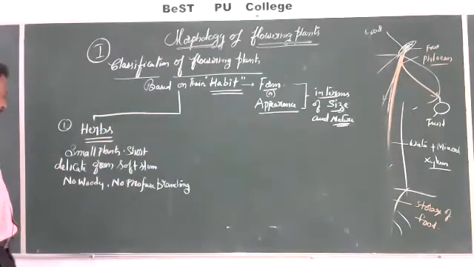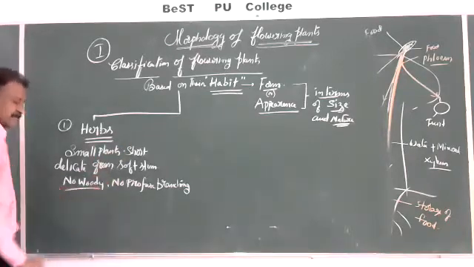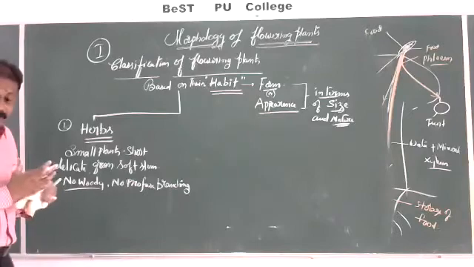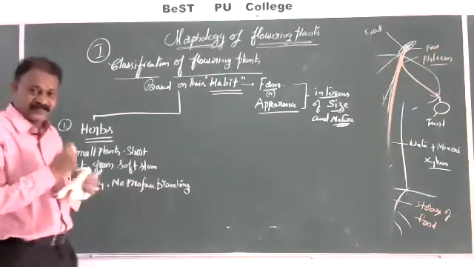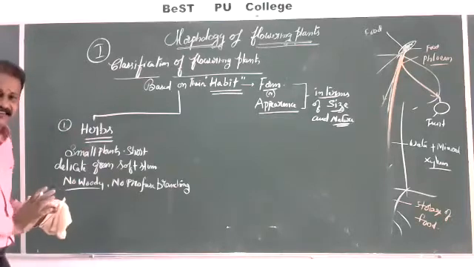Small plants, short, delicate, green, soft stem. No woody means they are not like wood, they are soft. Profuse branching is not there, not completely like a bush.